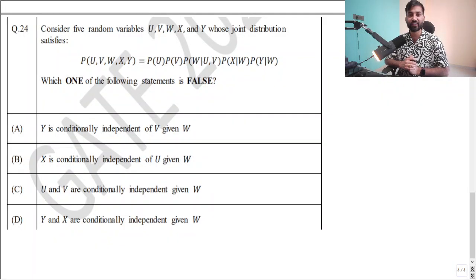So without further ado, this is the question. This question was for 1 mark, so you should not take more than 1 minute to solve this kind of question. 1 mark means you can't waste your 10 minutes. I know that many students will leave this question because they don't know what conditional independence is.